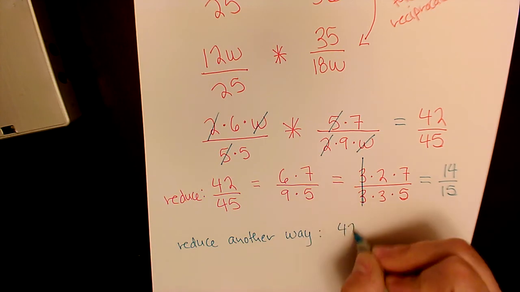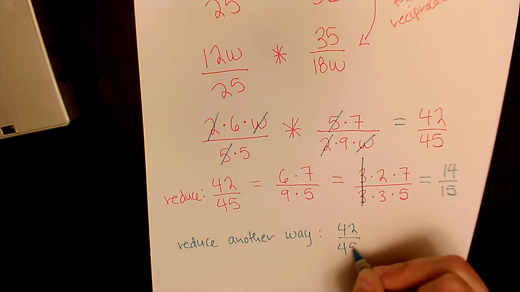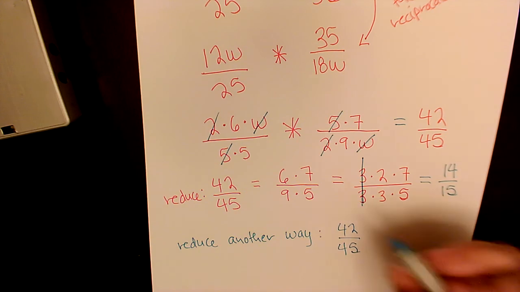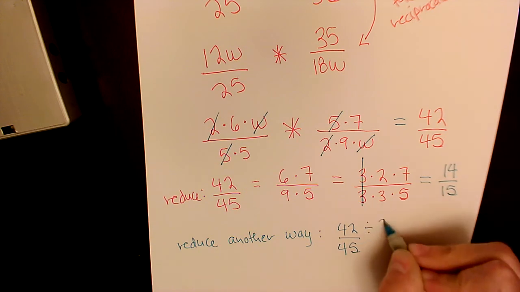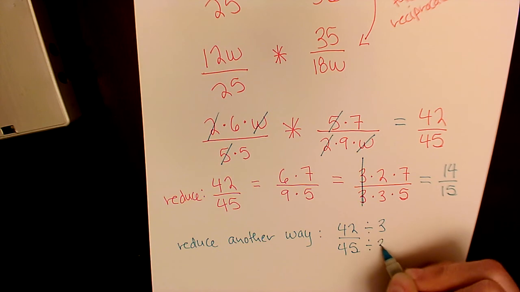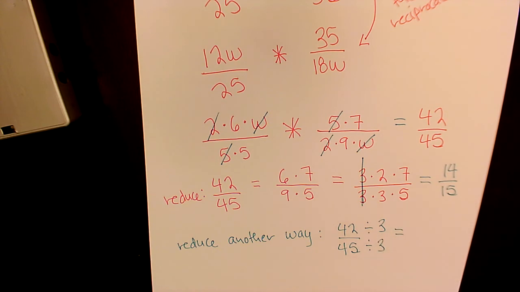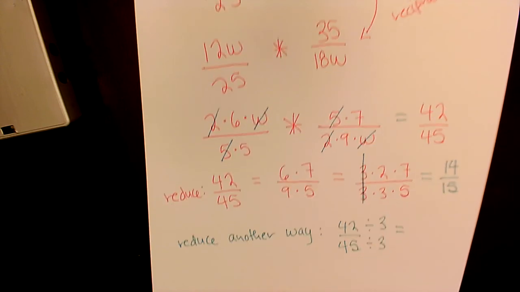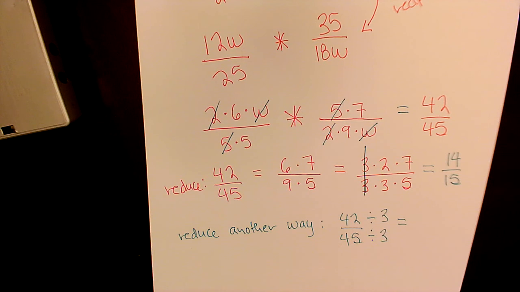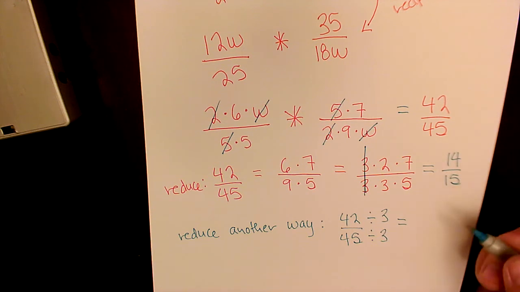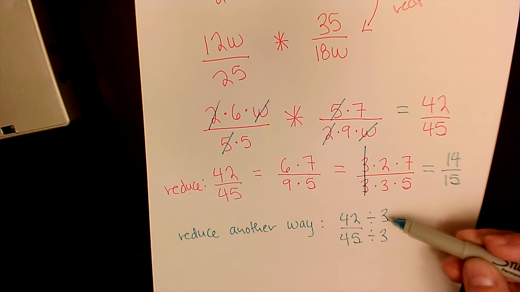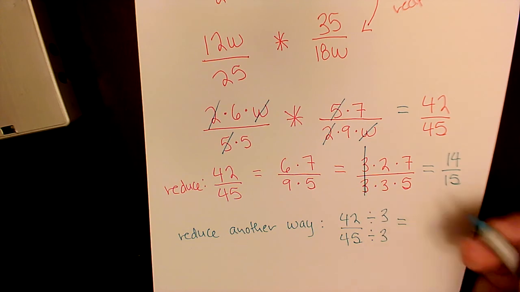But let's say you already knew that 3 went into both top and bottom, and that's kind of hard because 42 and 45 are kind of big. So we could have just taken 42 divided by 3. We want the same number that will go into both top and bottom.